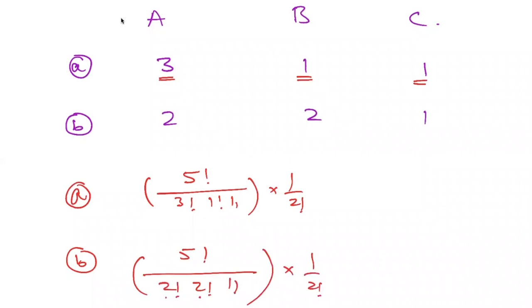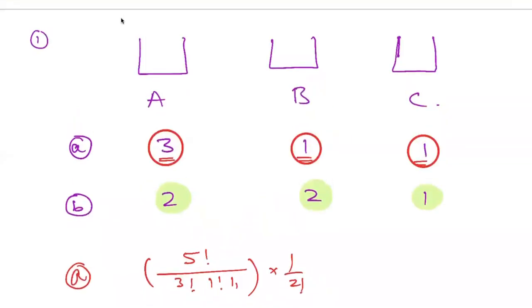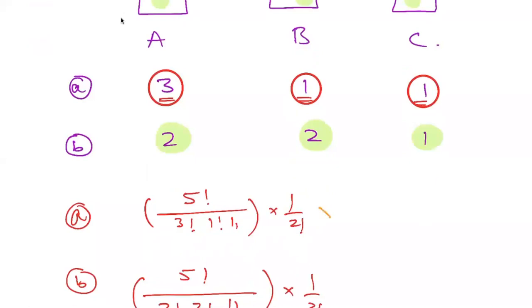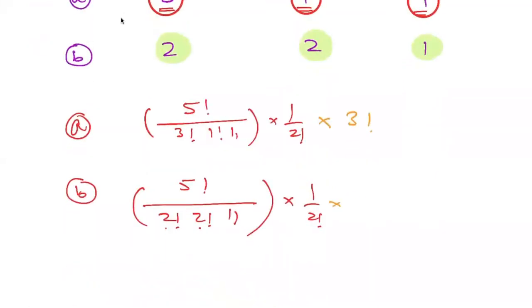Now we have three groups, means we have made three packets, 1, 2, 3. And these three packets we have to distribute in three different bags. So we know that we can distribute this by factorial 3 ways, right?